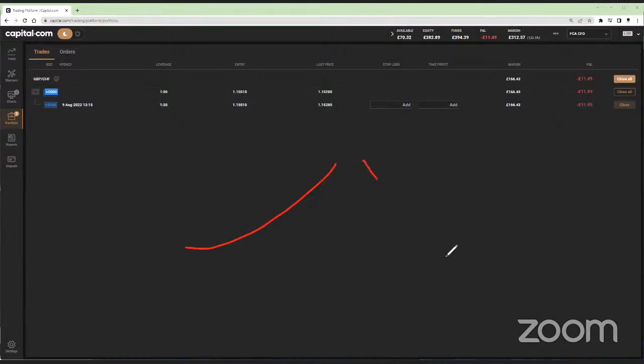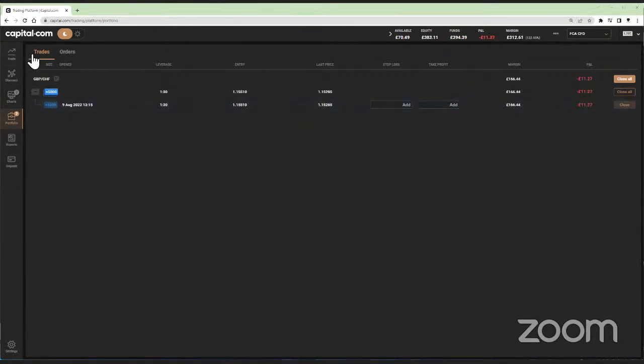Short is when you're betting the market will go down. So, of course, you perform your analysis and you place your trade accordingly. So it's a long. How do I know? Because it's blue and I placed the trade, and I'm actually down by a set amount, which is about £11 and a few pence, so it's still reading, so that's fine.